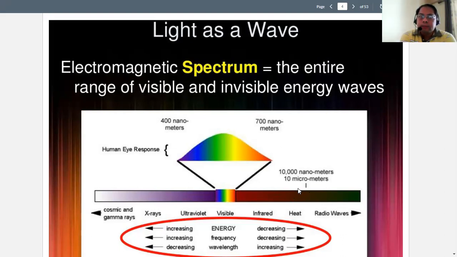So there are infrared goggles, there are devices that are able to see even in the dark by using some infrared goggles.